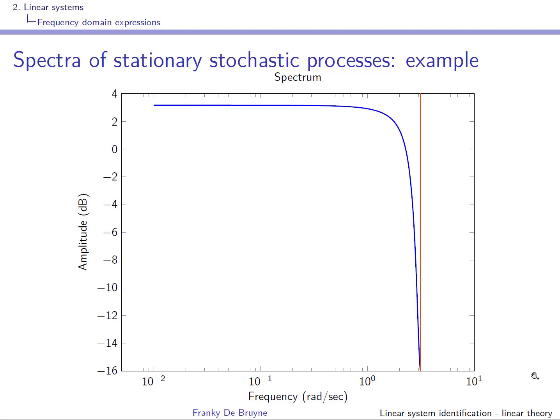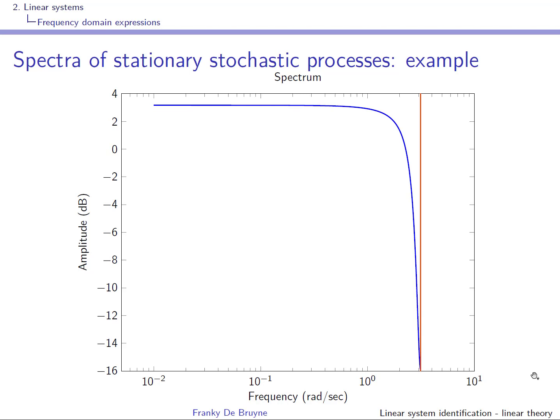Remember that we started from a flat spectrum, so the spectrum of e is flat, and here you see the spectrum of v. You see that in the low frequencies we have amplification and we have attenuation in the high frequencies.